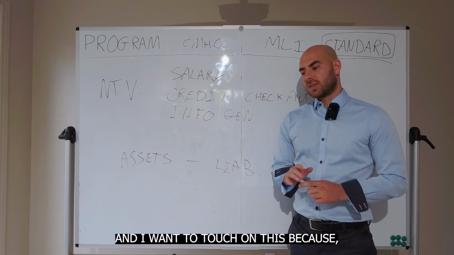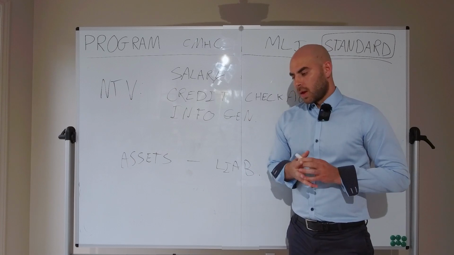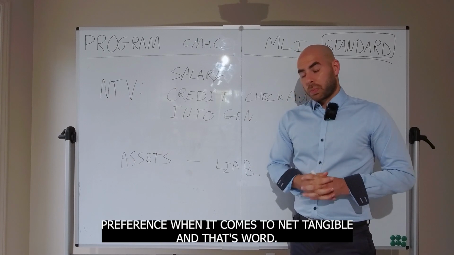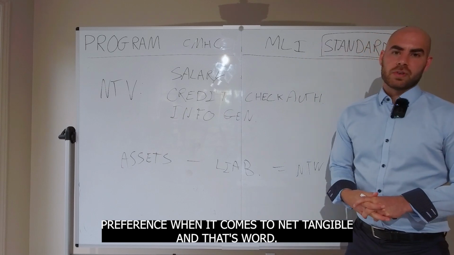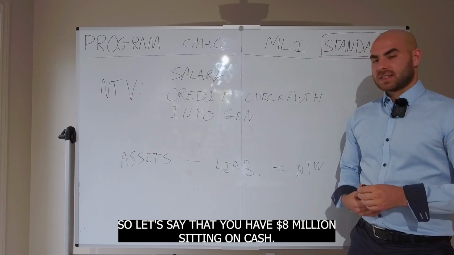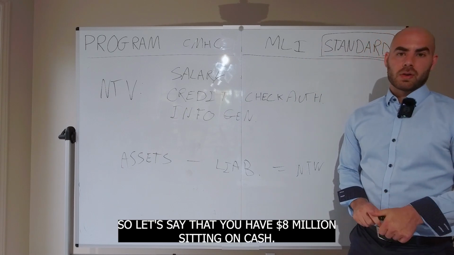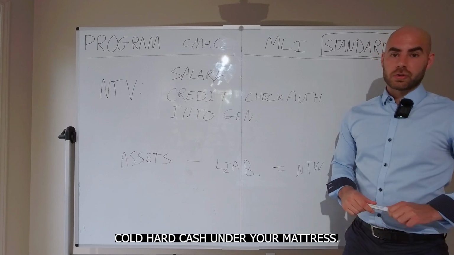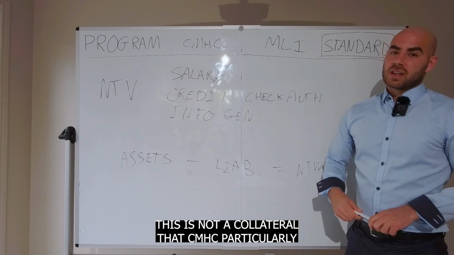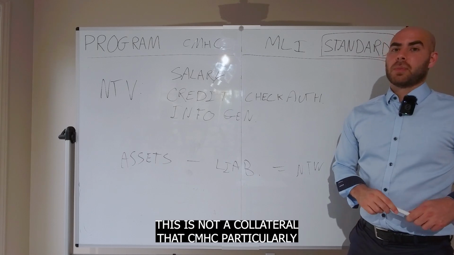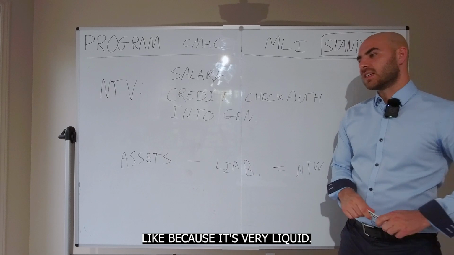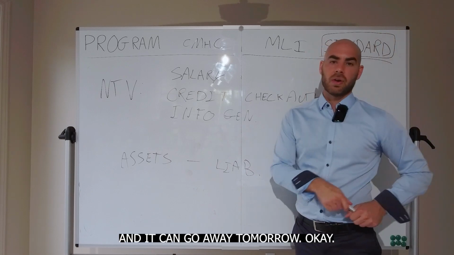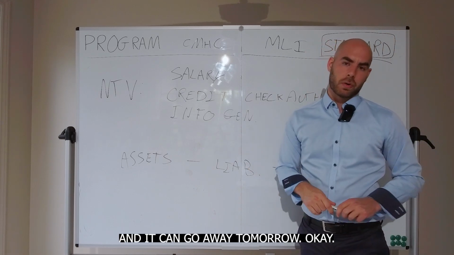And I want to touch on this because CMHC has a preference when it comes to net tangible net worth. So let's say that you have $8 million sitting in cash, okay? Cold hard cash under your mattress. This is not a collateral that CMHC particularly likes because it's very liquid, it's very movable, and it can go away tomorrow, okay?